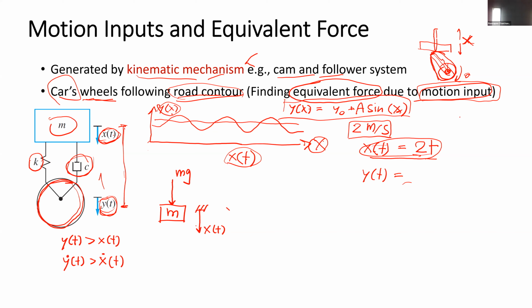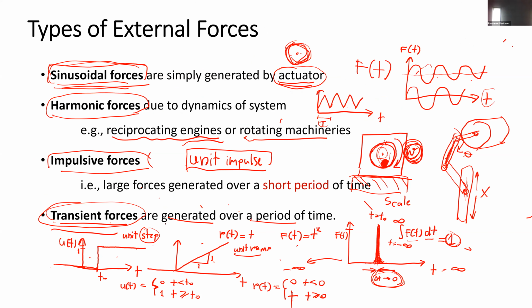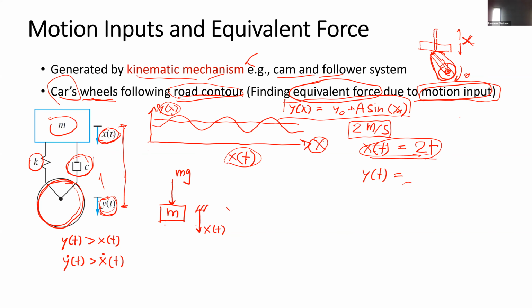So the spring force goes in the downward direction, and its magnitude will be the spring constant multiplied by y subtract x, the relative displacement between y and x.